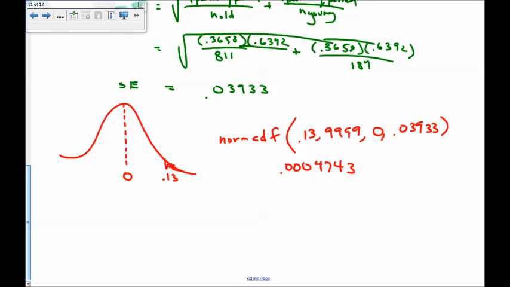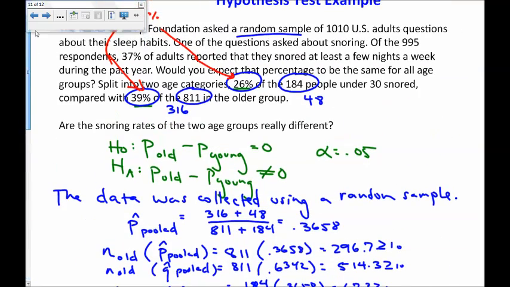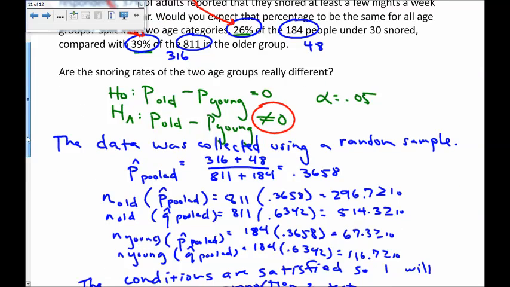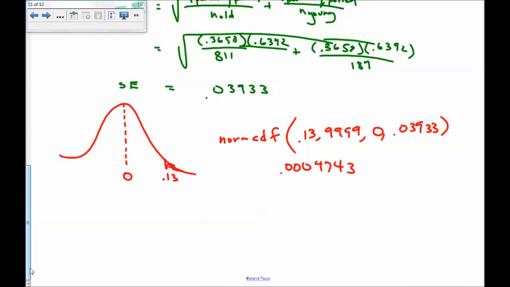Now let me remind you, because this is important, that my alternative hypothesis was not equal to 0, which means it's a two-sided test. I must take this p-value and multiply by 2 because I have two sides. Times 2, and I get 0.0009486. And that is my p-value.